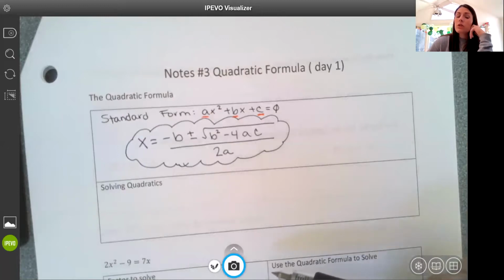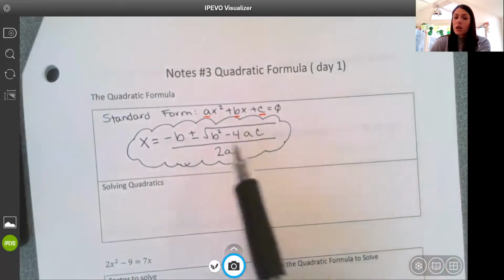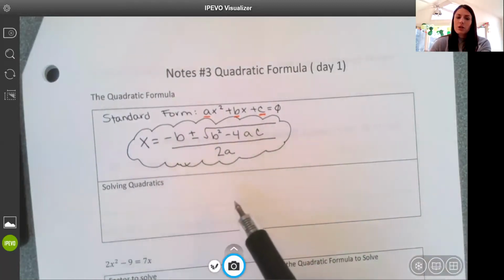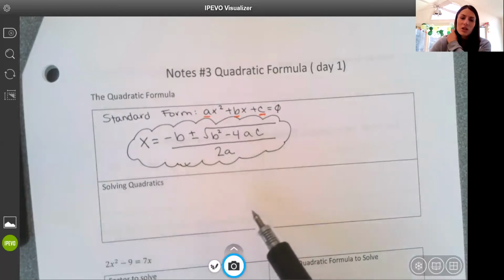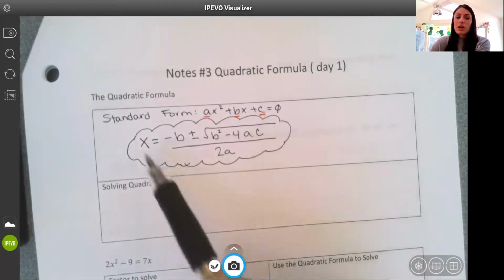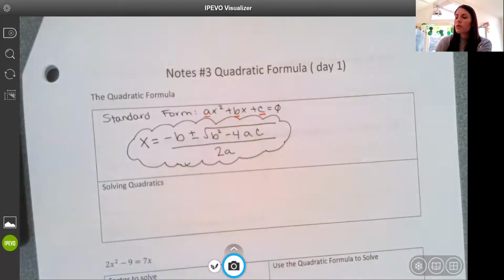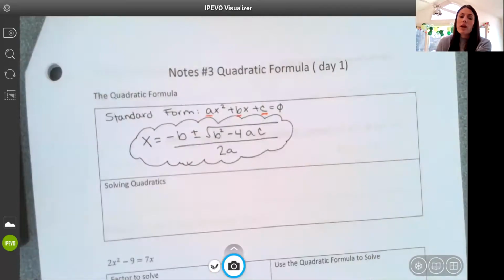Or there are other songs out there, or people who just memorize it. But I'm going to sing it to you a couple times, and I'll also post a video with just the song in it with these notes, okay? It's a good practice to be able to write this without having to look at it. So after you do it a few times, see if you can write it down from memory, okay?